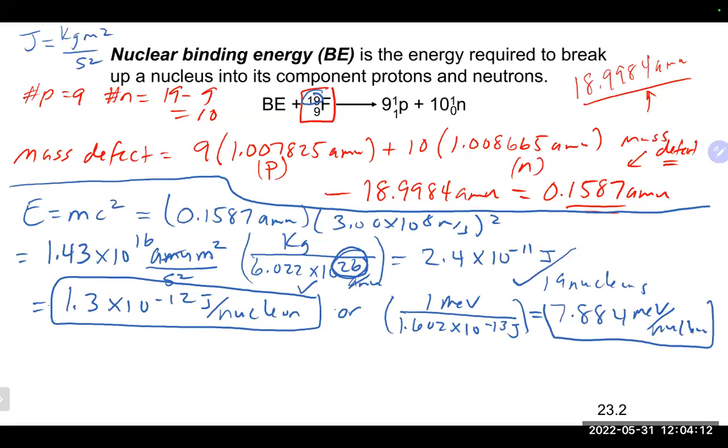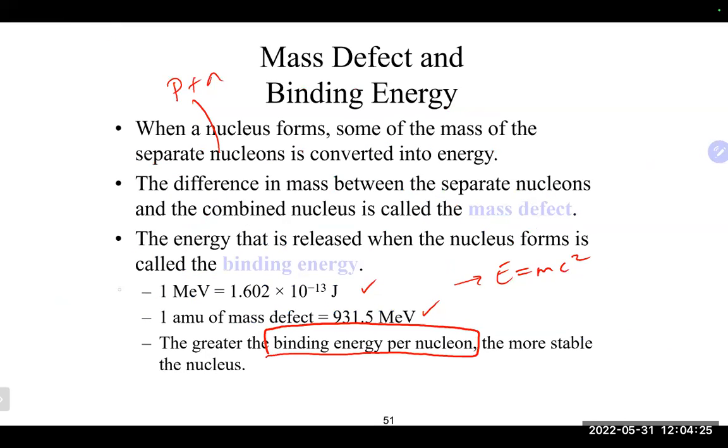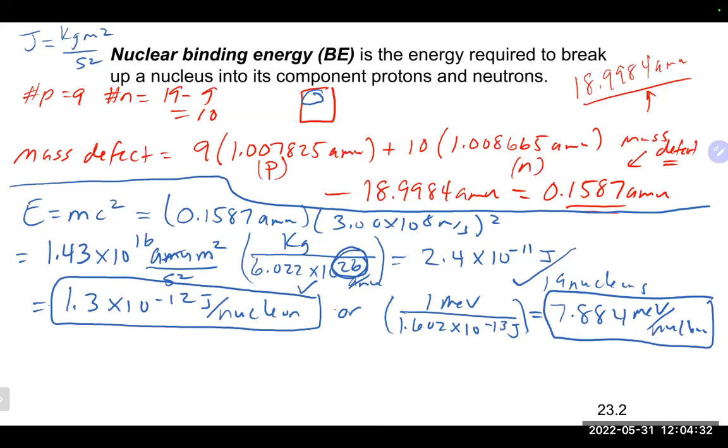That is another very common unit, mega electron volts per nucleon. Now, if you don't want to use Einstein's equation, you can use these two conversions right off the bat. They're really based off Einstein's equation, and they can get you to the answer you're looking for.